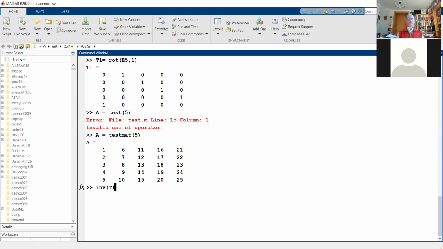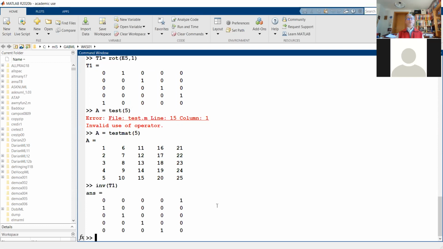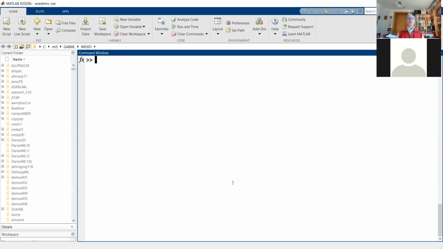Maybe I should check also what is the inverse of the right shift, and of course this is the left shift operator, so I'm showing it once more. And so a matrix is invariant with respect to cyclic shifts, so you can do cyclic shifts before or afterwards, if it has certain properties.